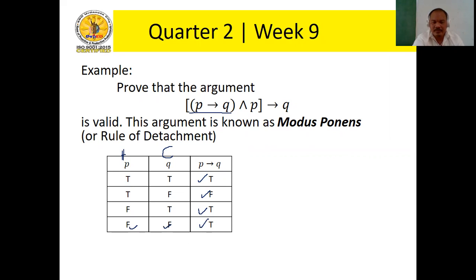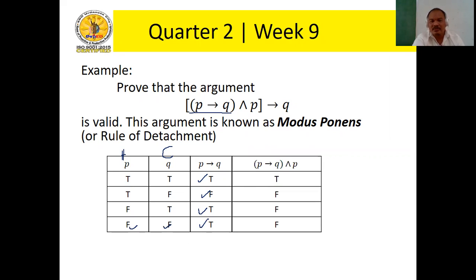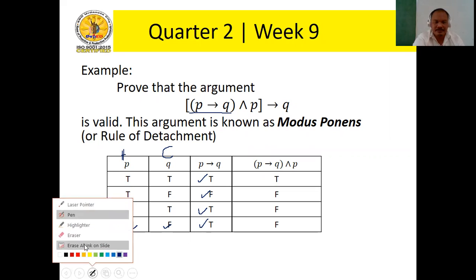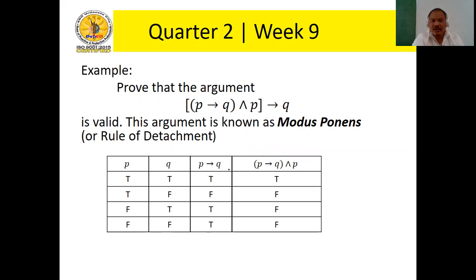Next, we have to establish also the column of P implies Q, and P. So our concern now is this column, and the operation is conjunction.